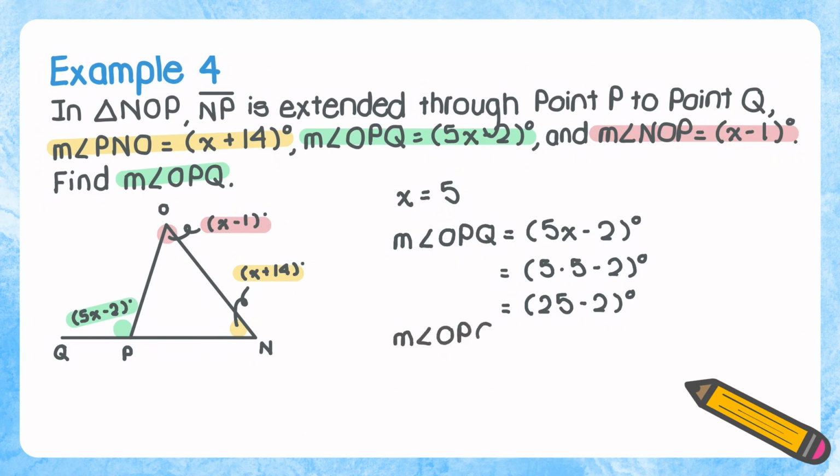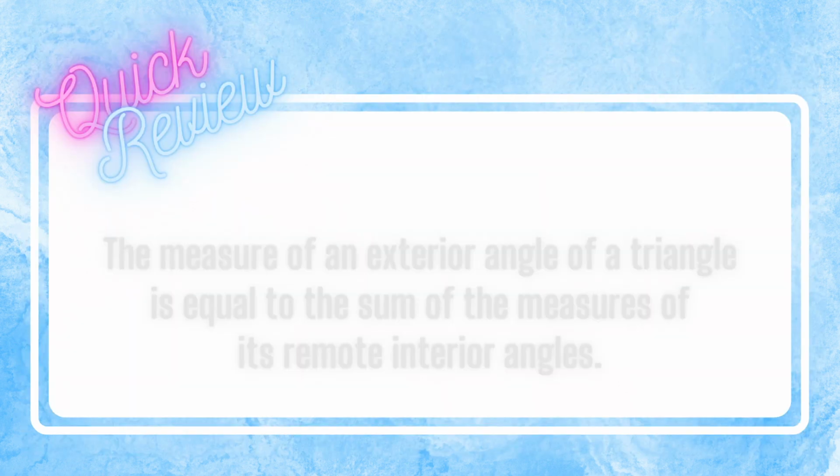So the measure of angle OPQ is 23 degrees. We were able to find this missing angle measure using the exterior angle theorem to solve for x and then plugging it in. So today we talked about exterior angles, and we learned that the measure of an exterior angle of a triangle is equal to the sum of the measures of its remote interior angles.